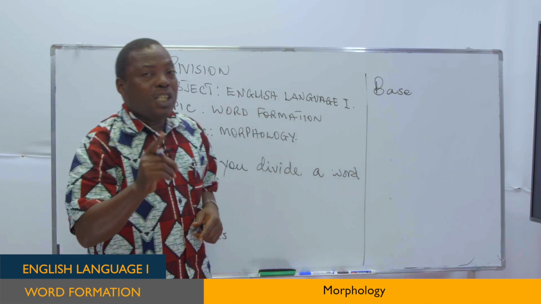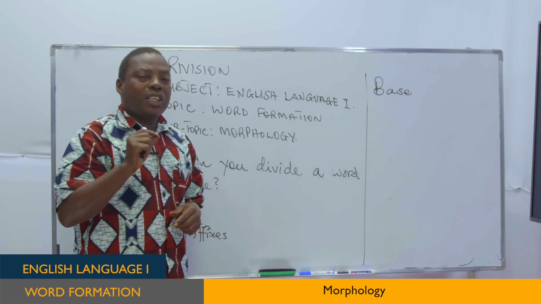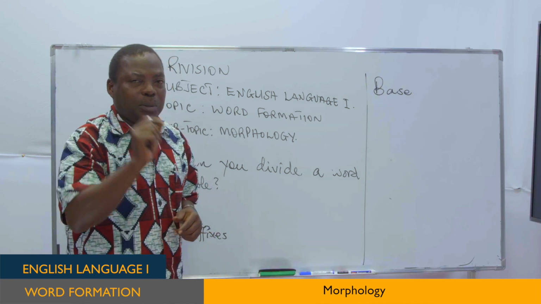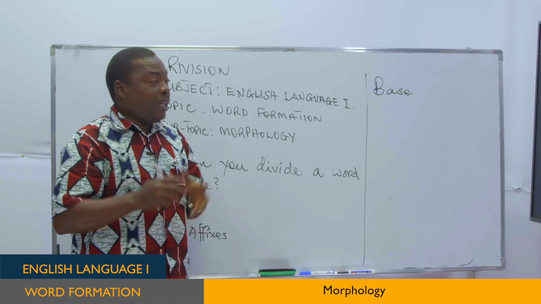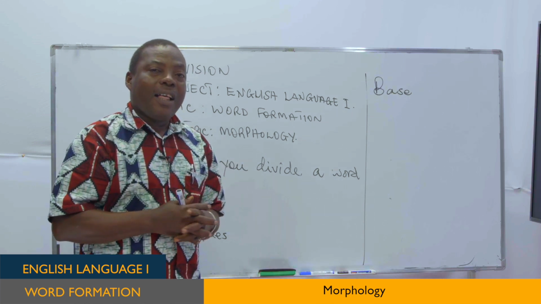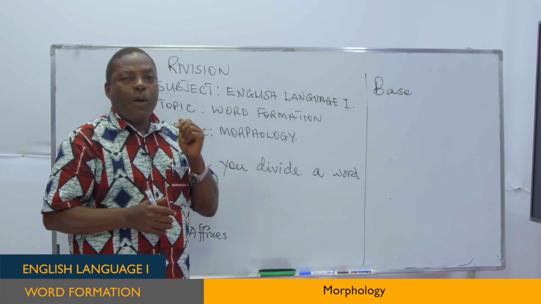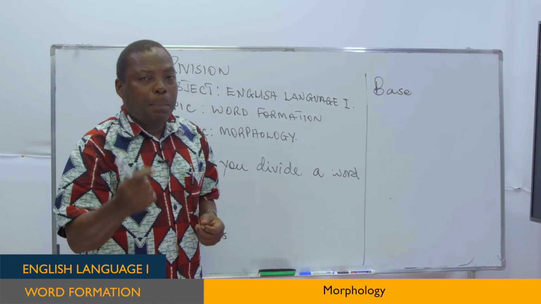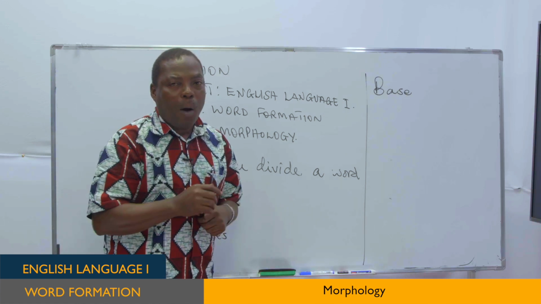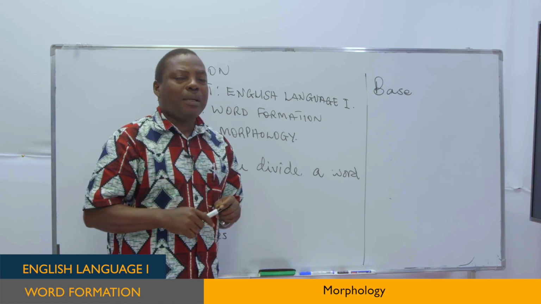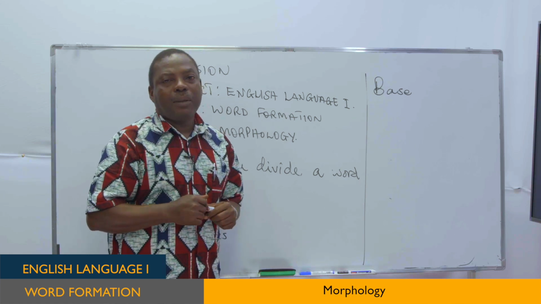A base is a word before it receives any attachment. In other words, you can as well say that a base is a word that has a possibility of accepting both inflectional attachment and or derivational attachment.